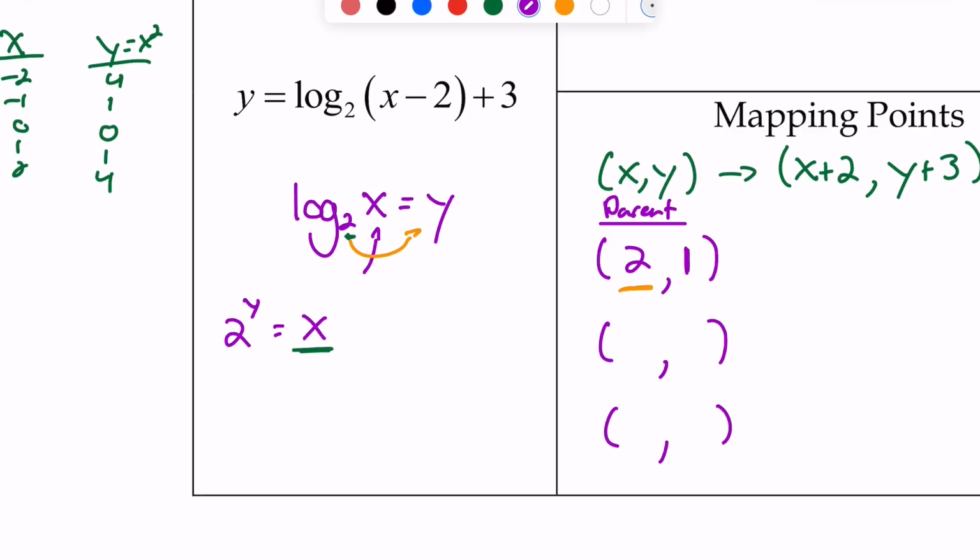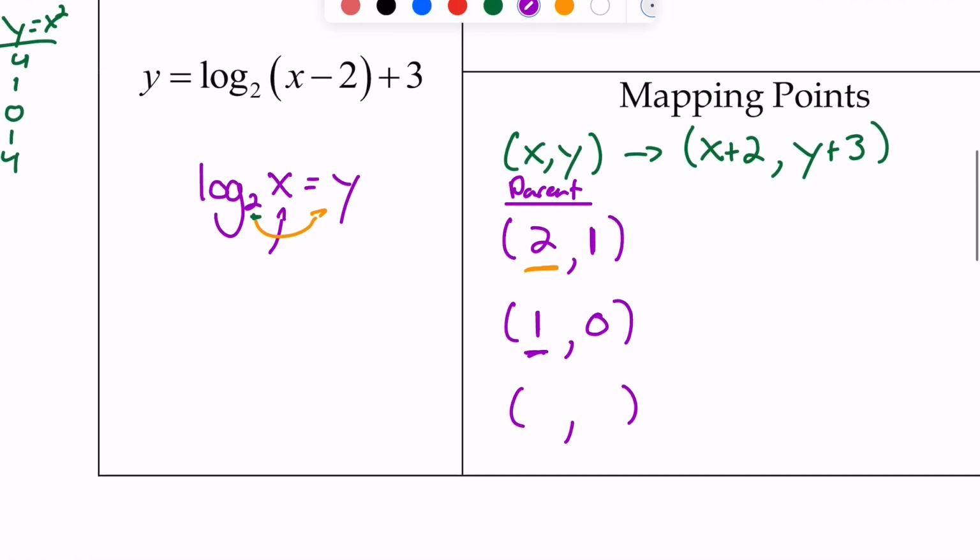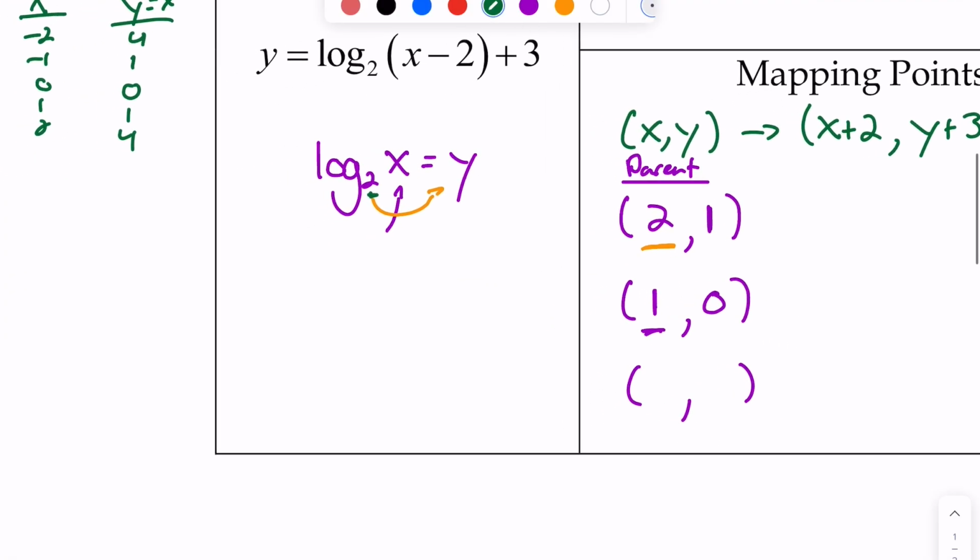Another easy number would be choosing what 2 to the power of what gives you a value of 1. So I'm going to choose the x coordinate 1 in this case. You have to think about what y gives you 1. Well, 2 to the 0. So at an x coordinate of 1, you're at 0, right? Let's think about it in logarithmic form.